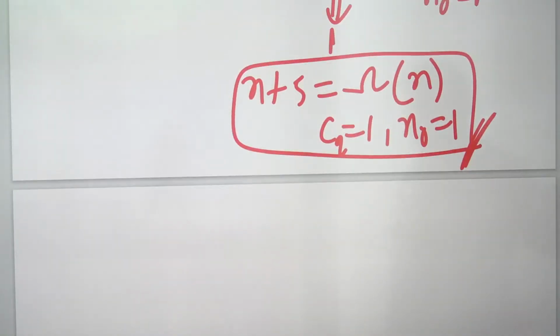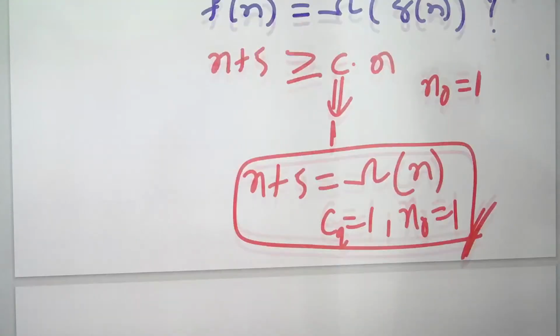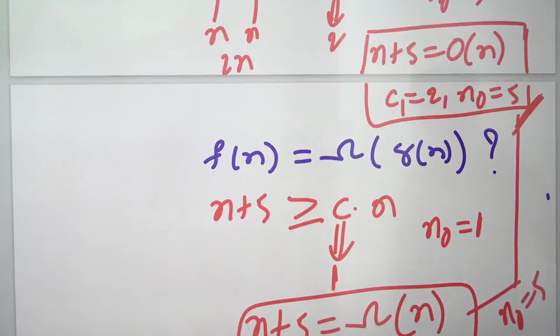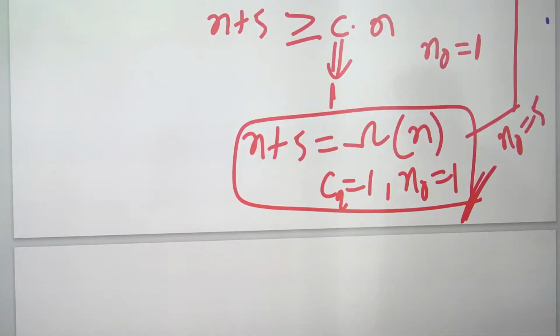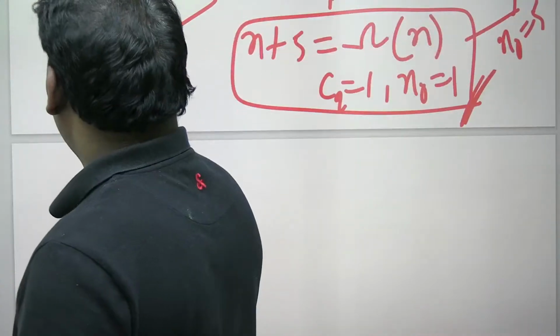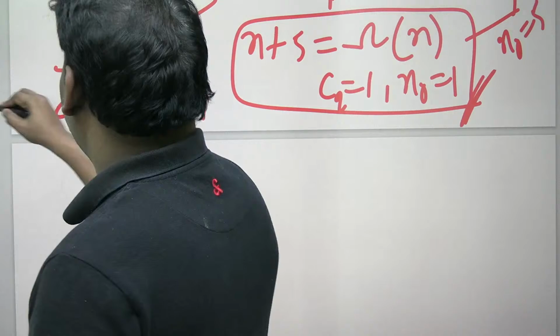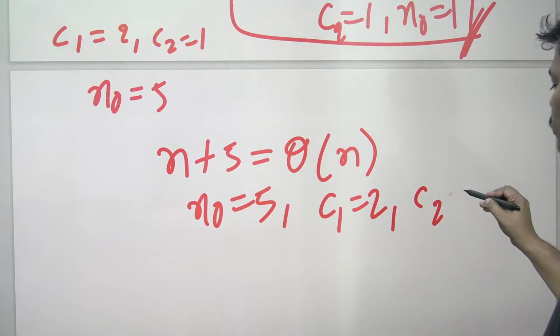I want to say big O is possible from 5 onwards, omega is possible from 1 onwards. Both combined are possible from which value onwards? 5 onwards. For which constant big O? 2. For which constant omega? 1. So I can say big O possible, omega possible, for constants C1 and C2, with both possible together. For big O the constant is 2, for omega the constant is 1.